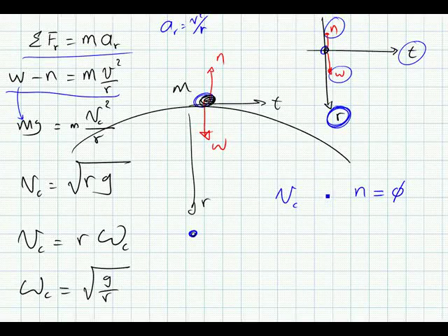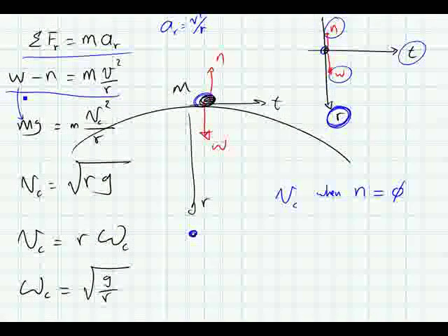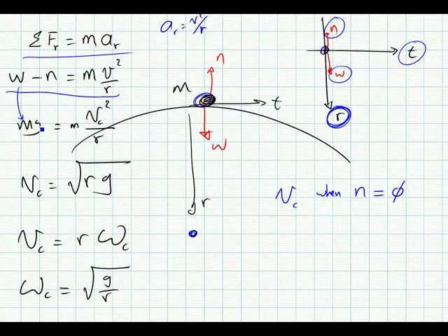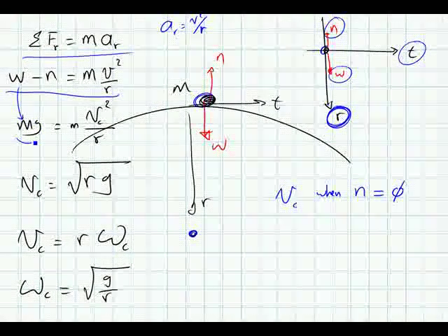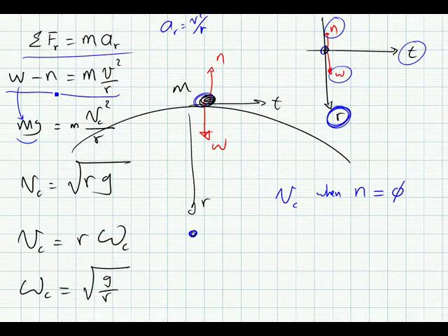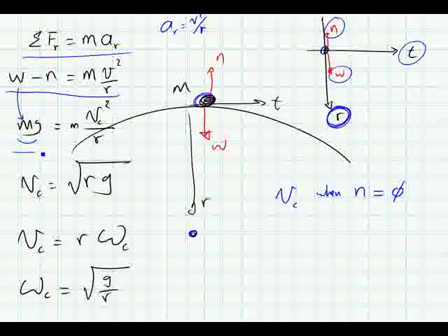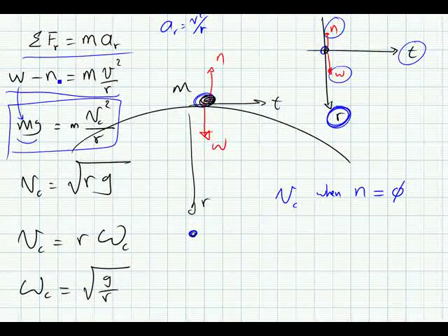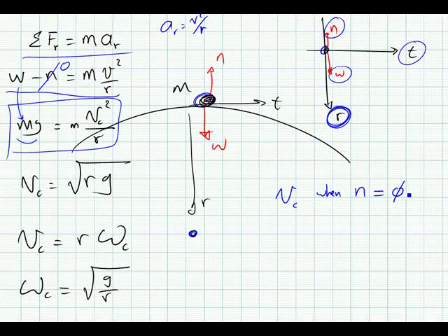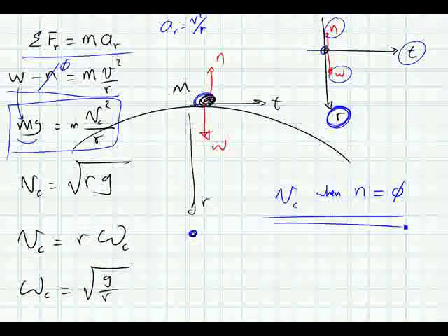So critical velocity occurs when normal force is 0. So substituting mg for W and 0 for N, we end up with this expression here. So our N is 0 because of this argument here.